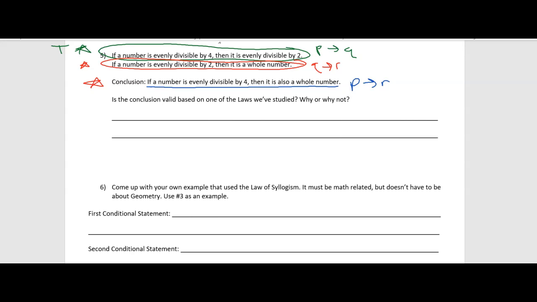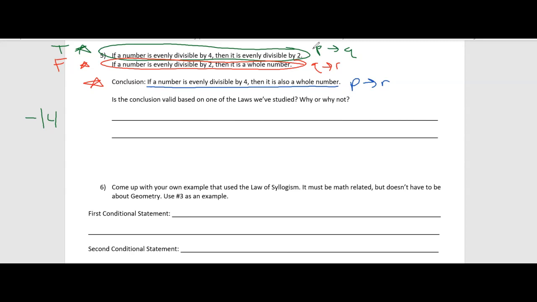So are there any numbers that are divisible by 2 that aren't whole numbers? Well, any negative number that's divisible by 2, right? Negative 14, that's divisible by 2, but it's not a whole number because it's negative. So because this red statement is false, we cannot make a conclusion using the law of syllogism.